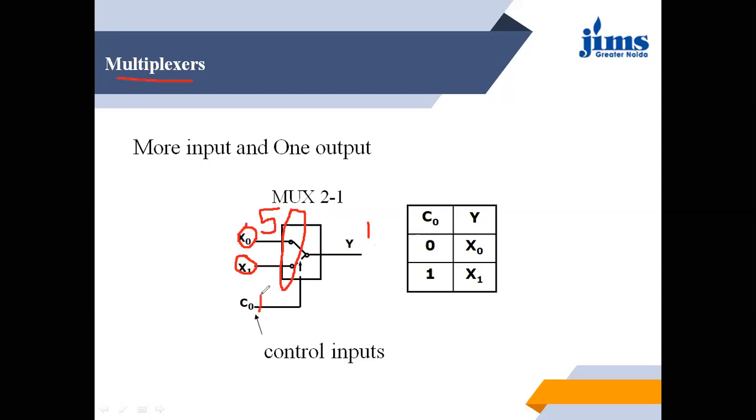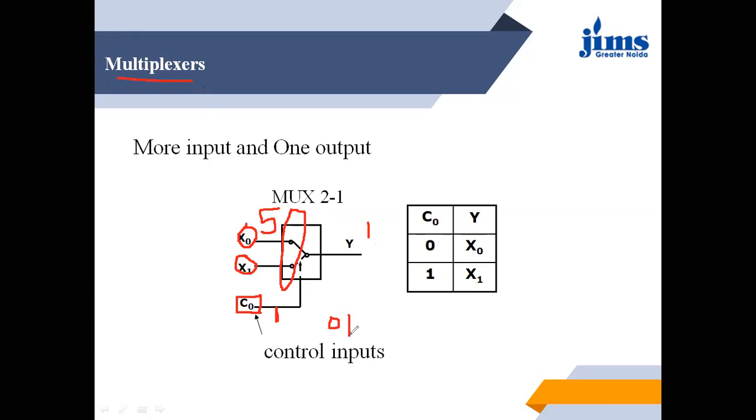This C0 is a control signal. If the value of C0 is 1, it means this circuit is working or enabled. But when the value is 0, it means the circuit is not working.